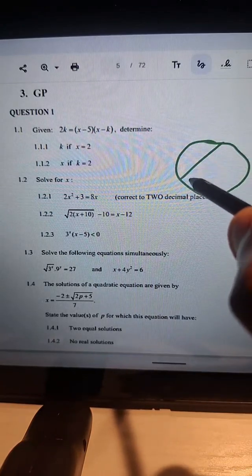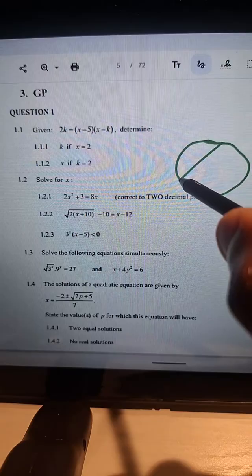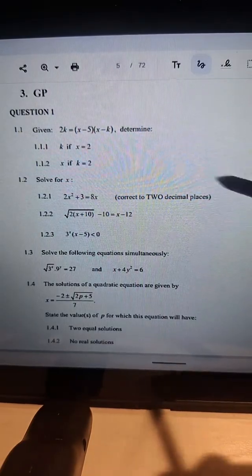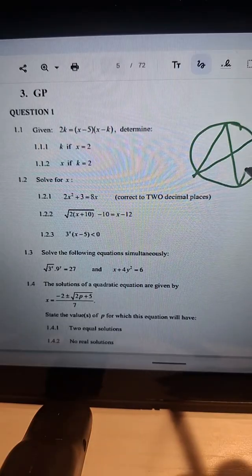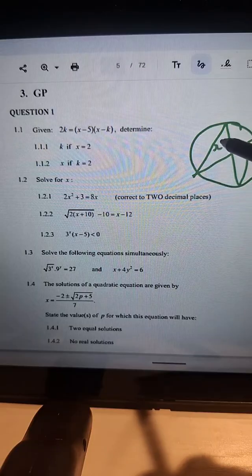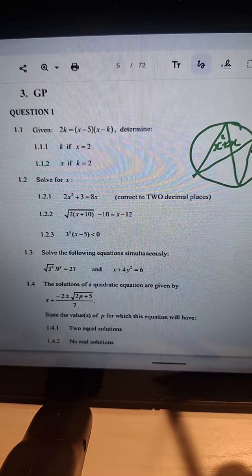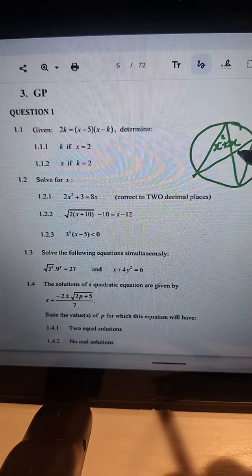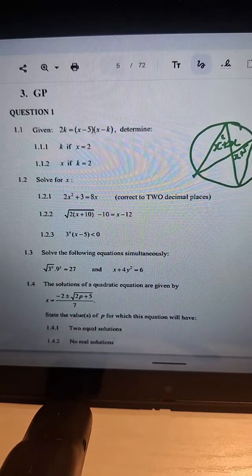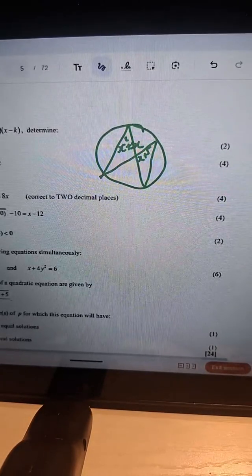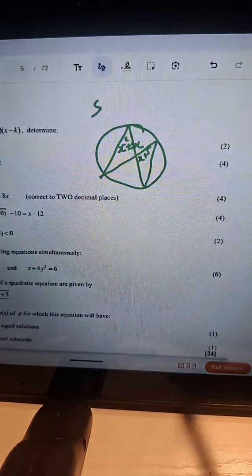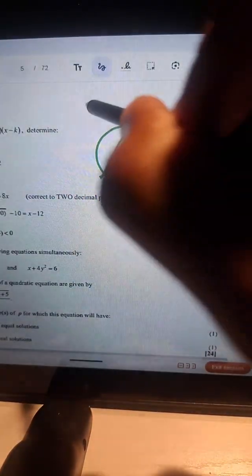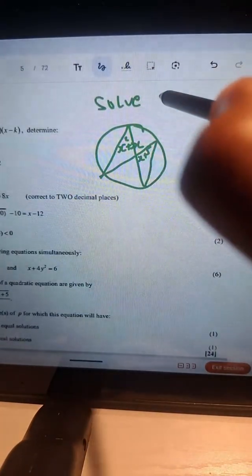Imagine question 1, having a circle, and let's say a nice bow tie, and then there's x squared plus 3x here, and here they have x plus 5, and they say solve for x.